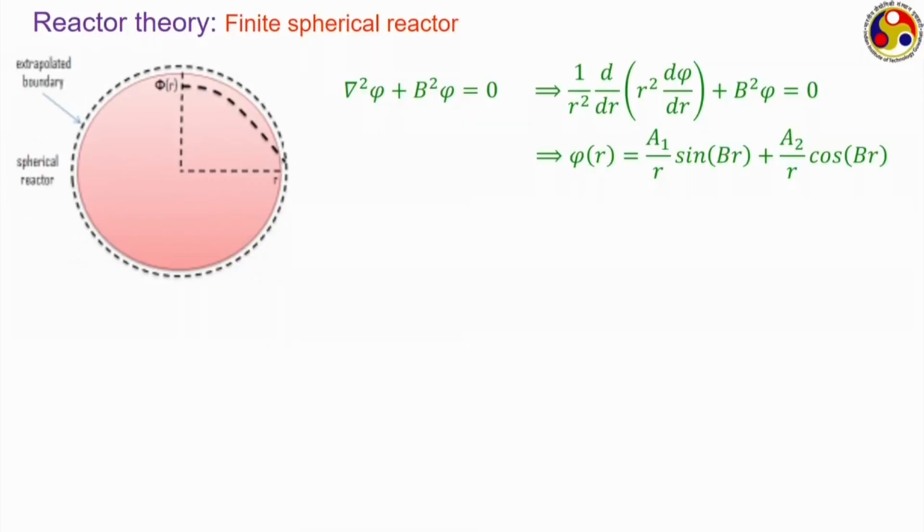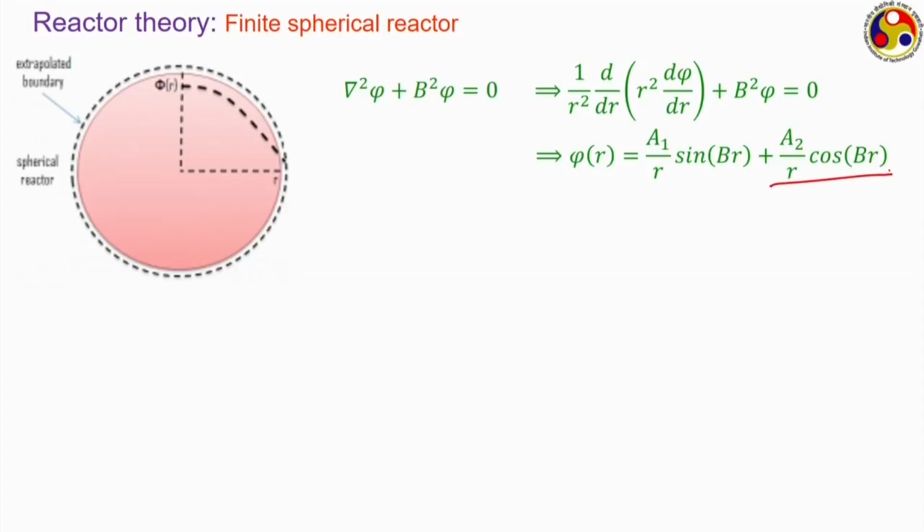Now, we have to find the value of these two coefficients A1 and A2, for which we need to know the boundary conditions. What can be the common boundary conditions? One boundary condition can be the value of this flux at the edge of the reactor, that is at r equal to capital R, and the other condition, suppose if we put in this equation r equal to 0, means we are talking about the center line.